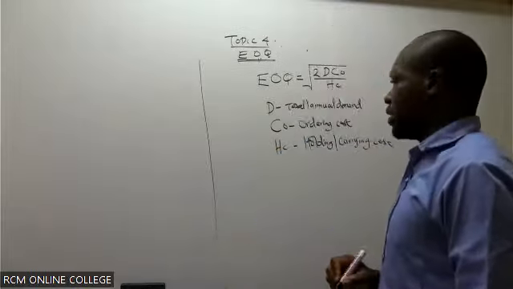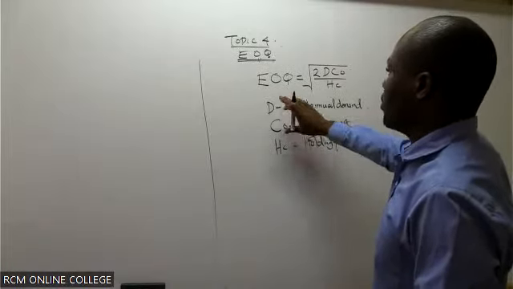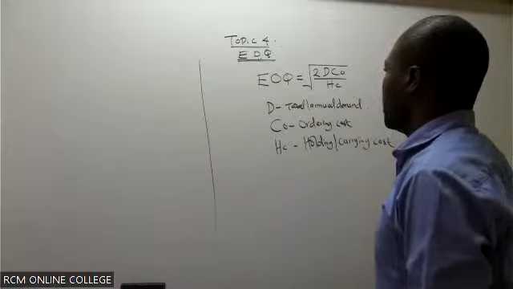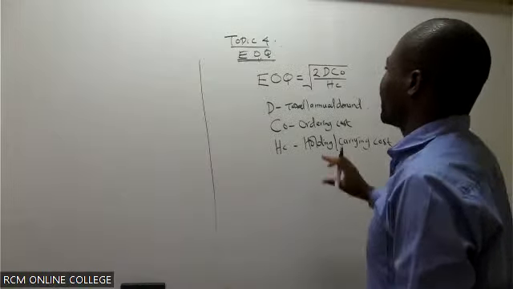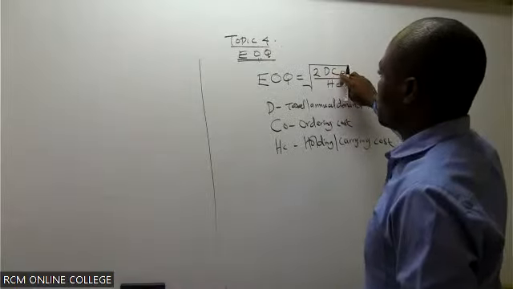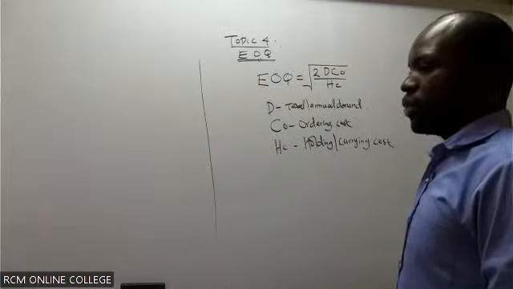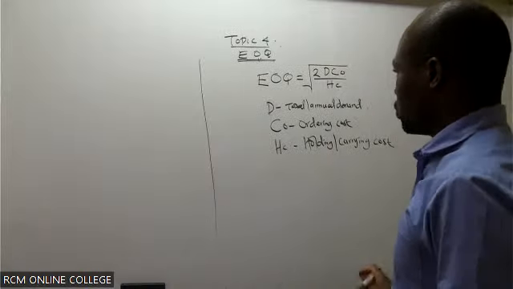Once you understand this, and you are given a question, you basically do a very simple job. Just identify what will be there as D, what you have there as ordering cost, and what you have there as holding cost. So that is what we have.